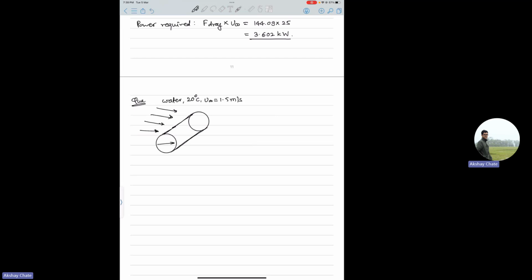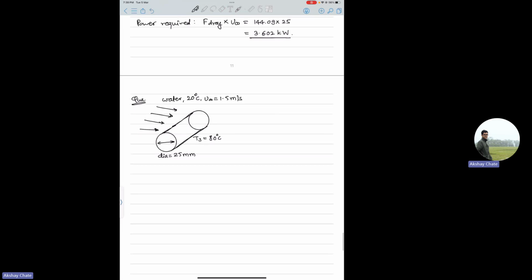For this tube, diameter is 25 mm, or cylinder, whatever you want to call it. Surface temperature of the cylinder is constant, maintained at 80 degrees Celsius. Then these properties are given for water, so I'll just list them down.